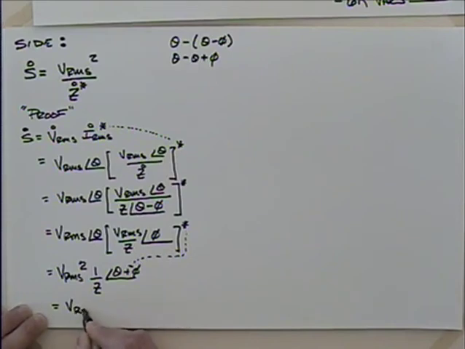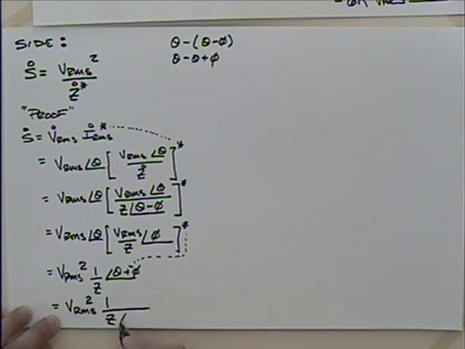So V RMS squared times Z, and I have Z in the denominator. And what if I wanted to put that angle with Z? How would I get that angle in the denominator?